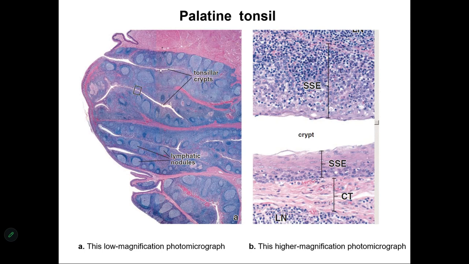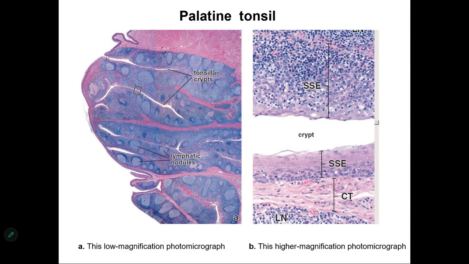Also crypts. Palatine tonsils are located between the oral cavity and oropharynx. That's why the epithelium covering the tonsil is stratified squamous non-keratinized.